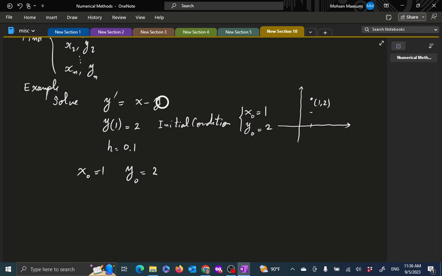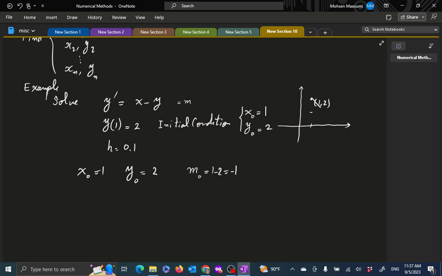It's a good idea to give this thing a name. We said this is a slope. So slope, typically you show it by the letter m. So m at the starting point will be 1 minus 2, that's minus 1. So we are going at a slope of minus 1. Slope minus 1 means going this way.